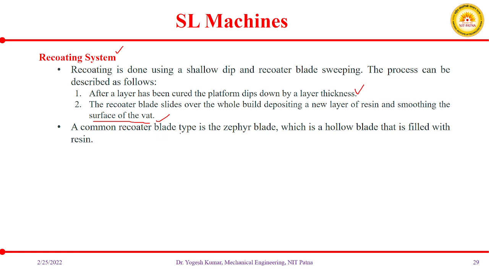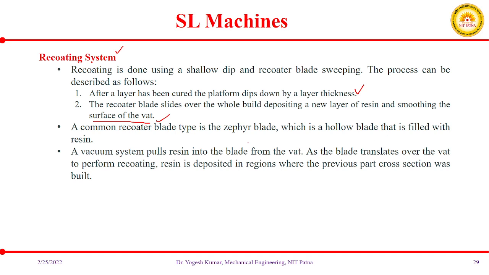The common recoater blade type is the Zephyr blade, which is a hollow blade that is filled with resin. The vacuum system pulls resin into the blade from the vat. As the blade translates over the vat to perform recoating, resin is deposited in regions where the previous part cross section was built.